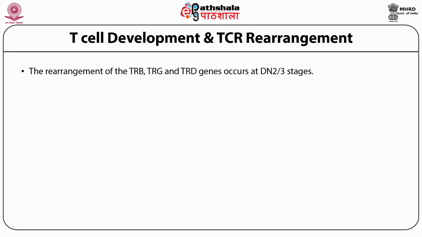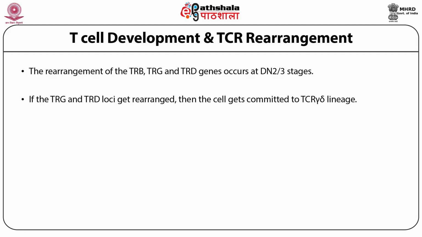Therefore, this is the time at which T cell fate decision occurs between TCR alpha beta and TCR gamma delta lineages. If the TRG and TRD loci get rearranged, then the cell gets committed to TCR gamma delta lineage.